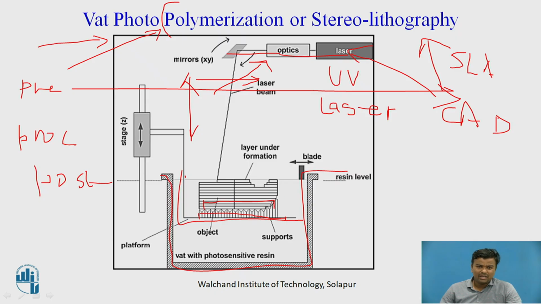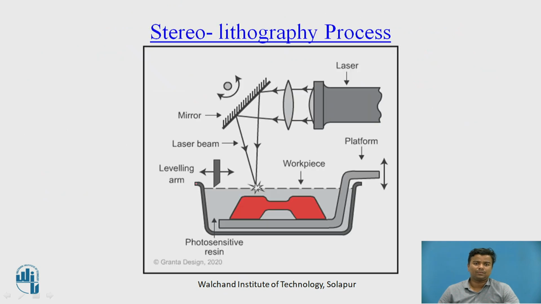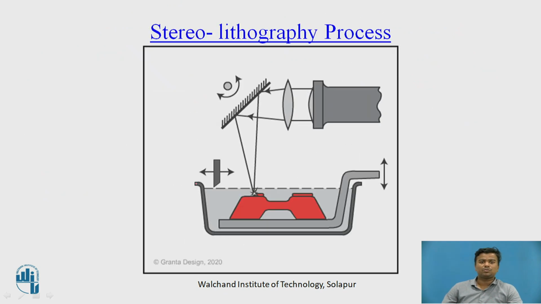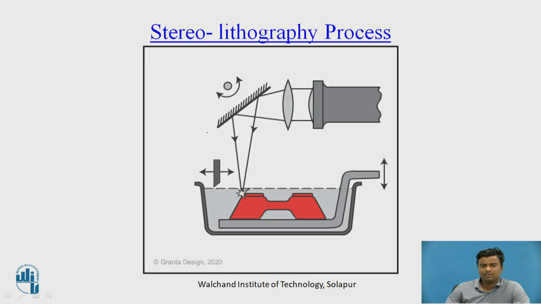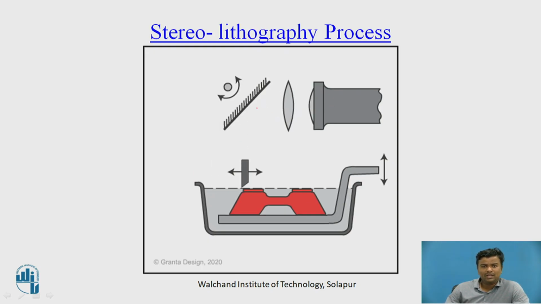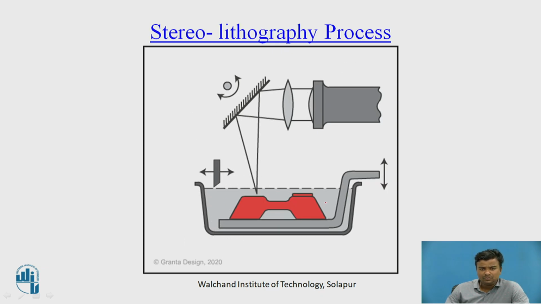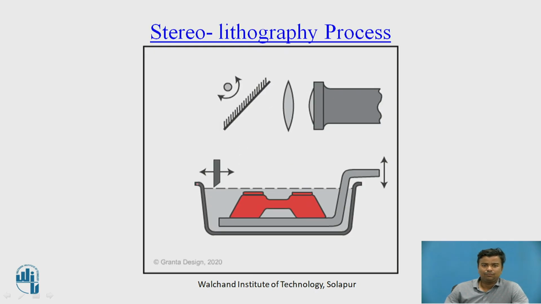You can also observe that the support structure is necessary to support the component with respect to the build-up platform. With the help of this simulation or animation, you can very easily learn the stereolithography process. The UV laser touches the epoxy resin, after that one layer is developed, and the process will continue until your component is developed.